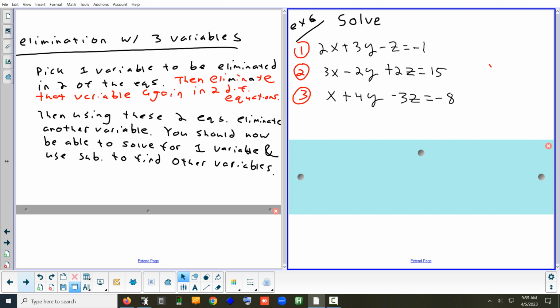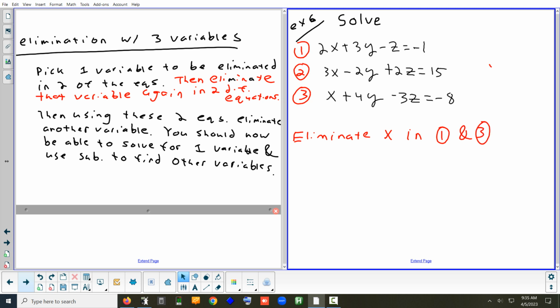Equation 1, equation 2, equation 3. So let's take equations 1 and 3. And my goal, I'm going to lead you through it a little bit, is to eliminate x in equations 1 and 3.